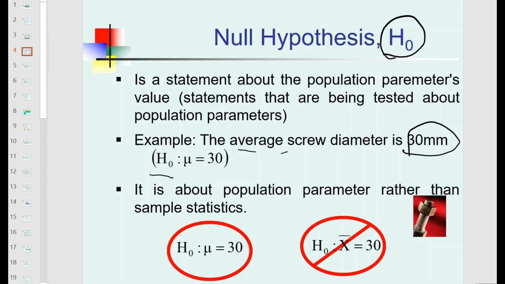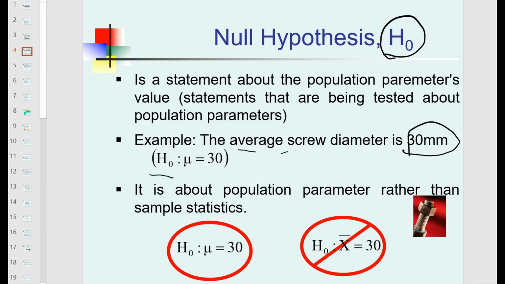So it is about a population parameter rather than a sample statistic. From just now, we have already mentioned and emphasized that it is on population. So it is about a population parameter rather than sample statistics, and that's why you see in this red circle here, as I said to you, population and sampling have a difference in notation, right?